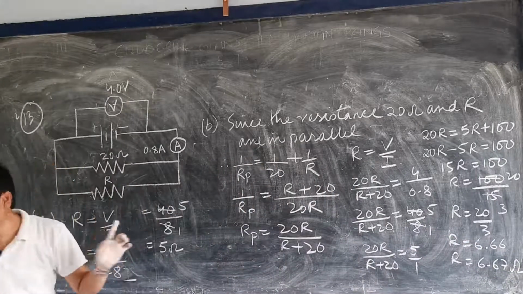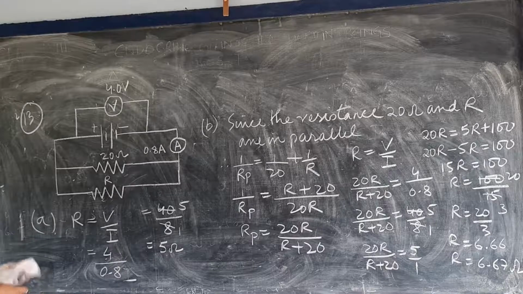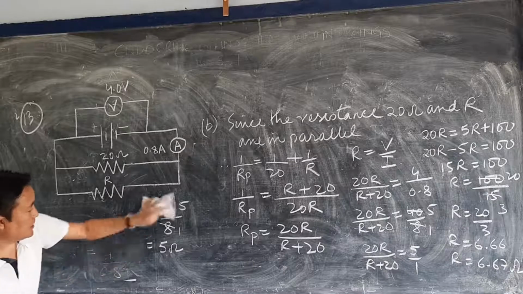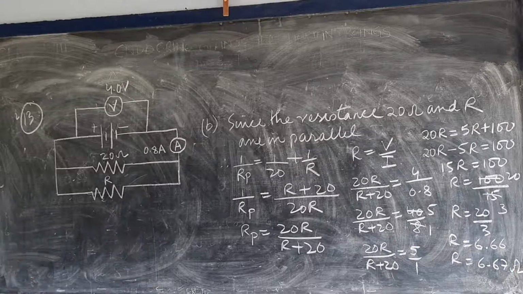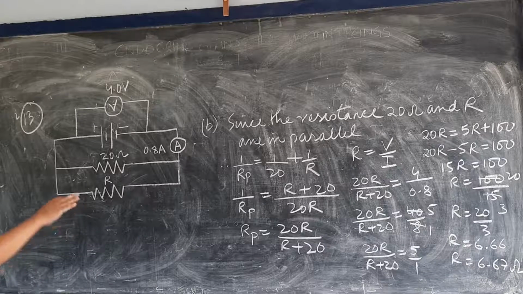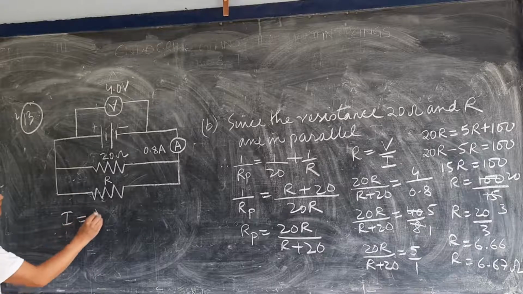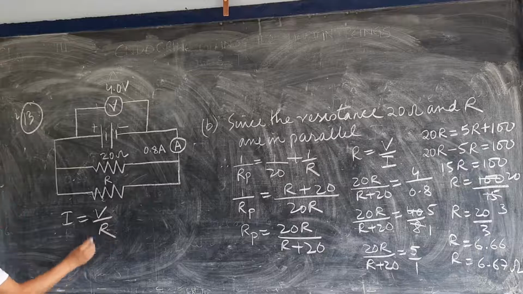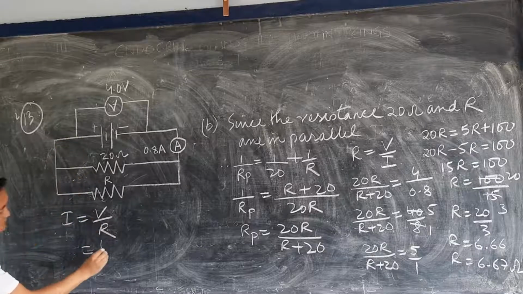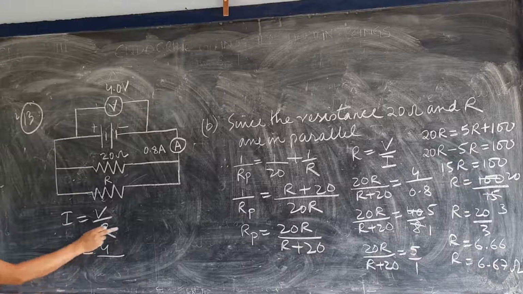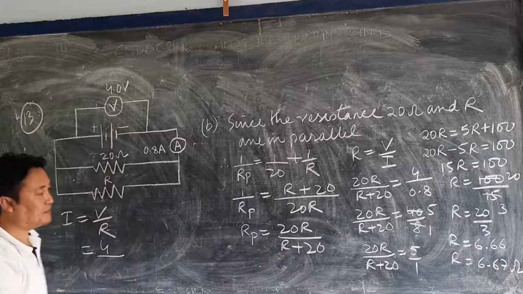Now the next point is you have to find the current flowing through R. To find current, I equals V upon R. V, the potential difference, is given, and R you got here, 6.67.